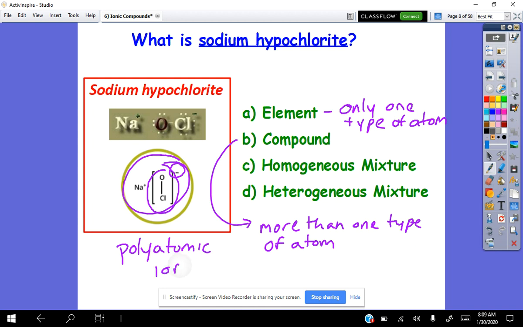We're going to address polyatomic ions a little later in this unit, but they essentially function as a negatively charged particle, just like any other negatively charged single atom. That being said, sodium hypochlorite is definitely a compound because it has at least two types of atoms in there.